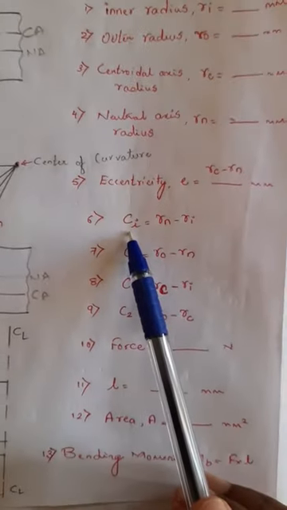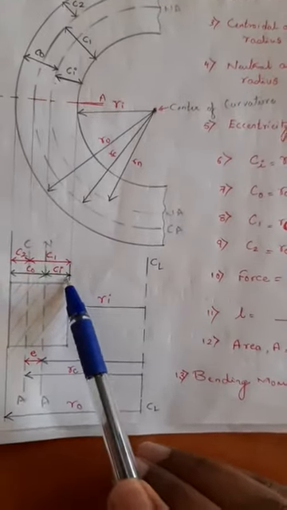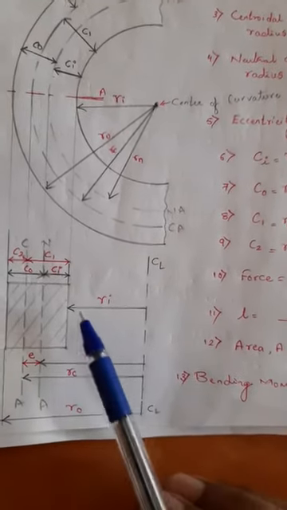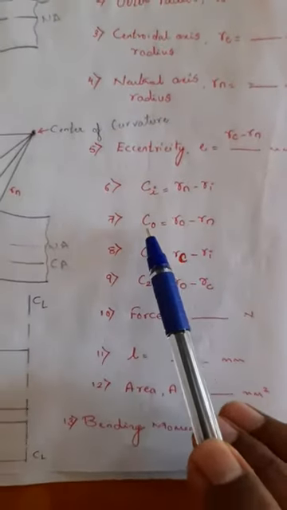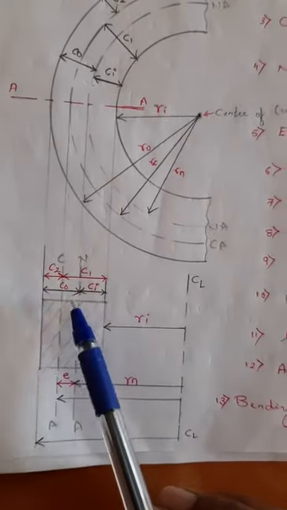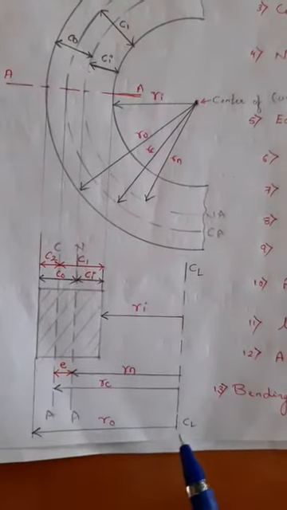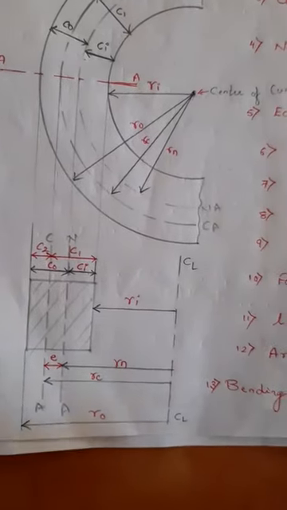So CI, from the figure, CI is Rn minus Ri. Co, in the figure, Co is Ro minus Rn.